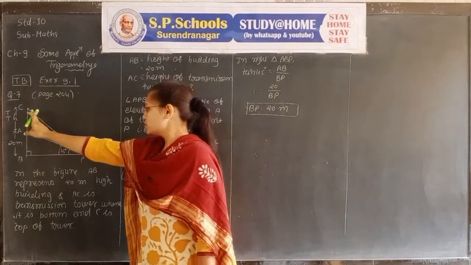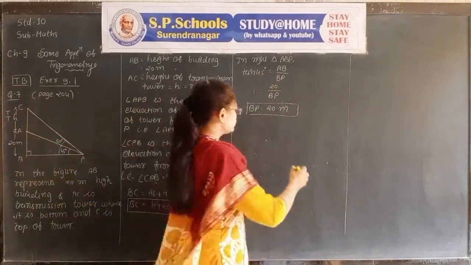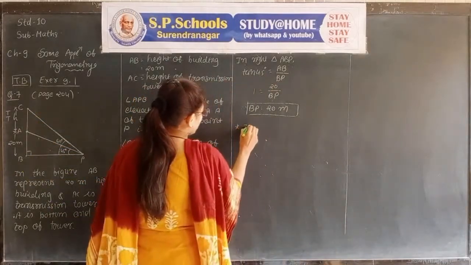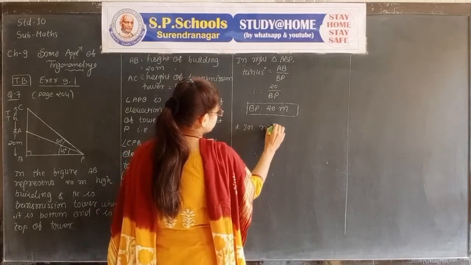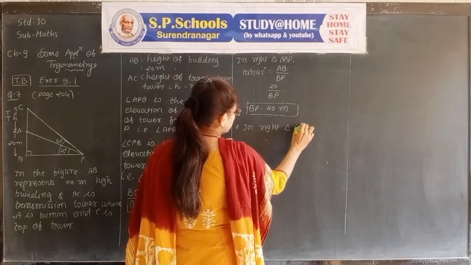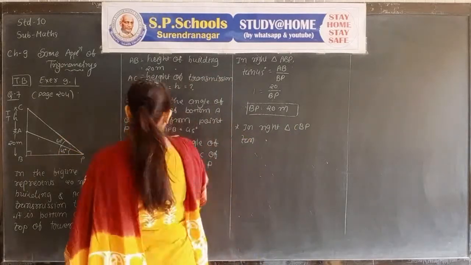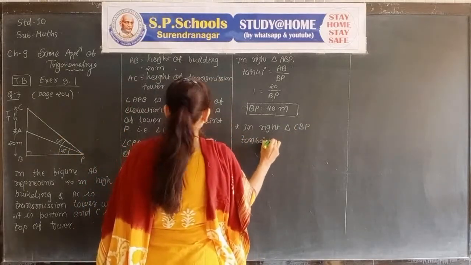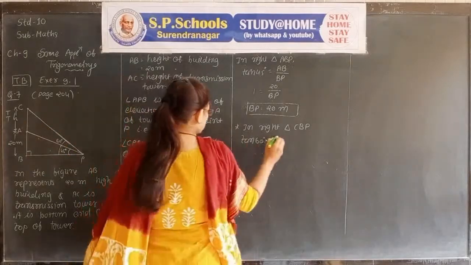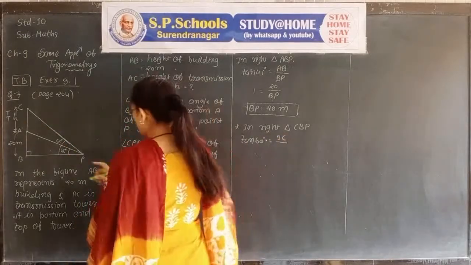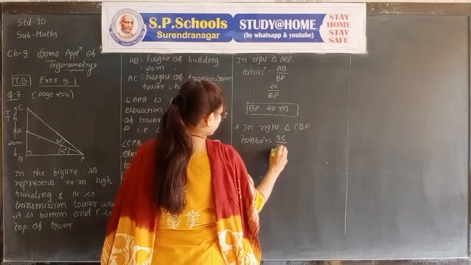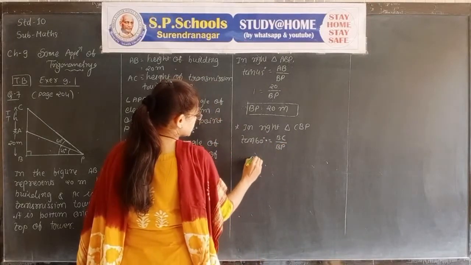Now we use right triangle CBP. In right triangle CBP, tan 60 is equal to opposite BC upon adjacent BP, where tan 60 is equal to root 3.